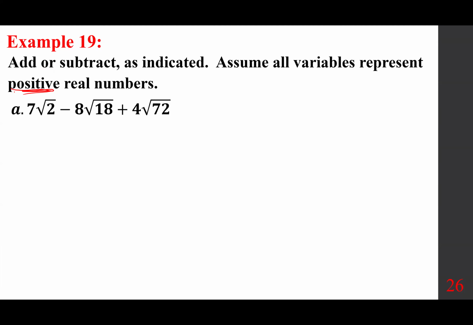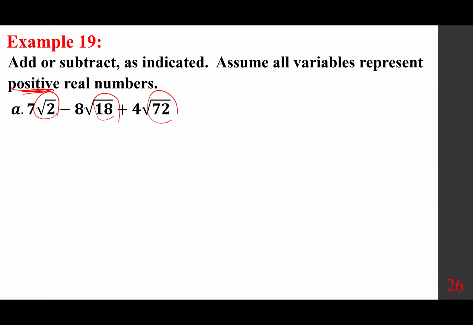So in order to combine radicals, just like polynomials, you can only add like radicals. That means the radical part must be identical. So for example, here the radical part is square root of 2. Here it's different, here it's different. So you can't add them up just the way they are.